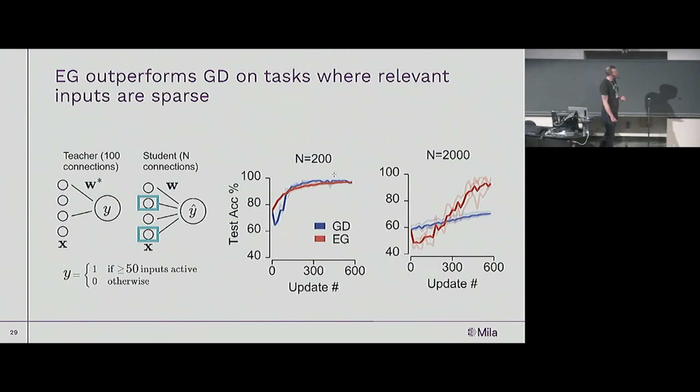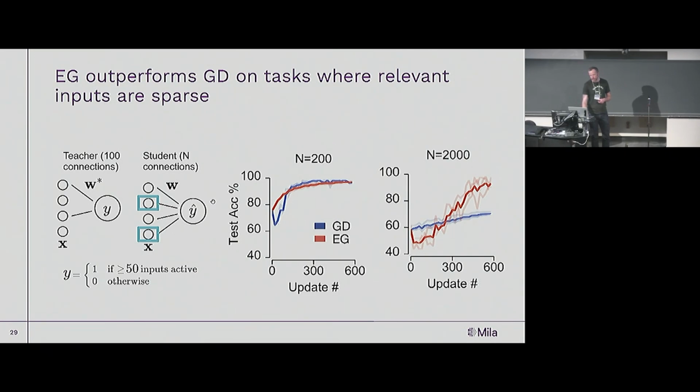Now, another interesting phenomenon here is something that was first observed in the machine learning literature all the way back in the 90s. If you're operating in this non-Euclidean space with these multiplicative learning rates, you can actually have a network that's much more sensitive to relevant inputs that are hidden within a big swarm of irrelevant inputs. So if you do just a basic linear regression, where only a small number of the inputs are relevant to your task.